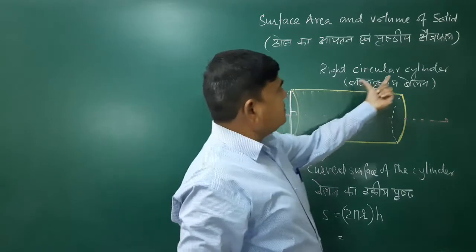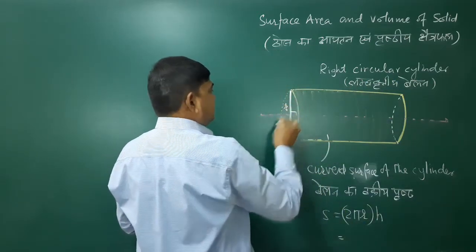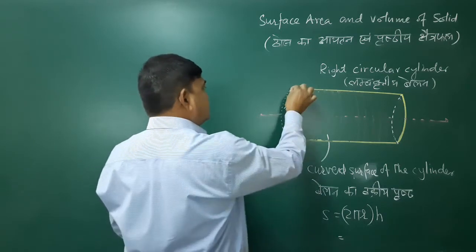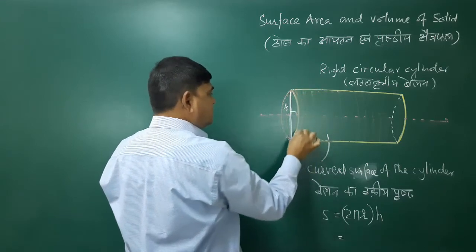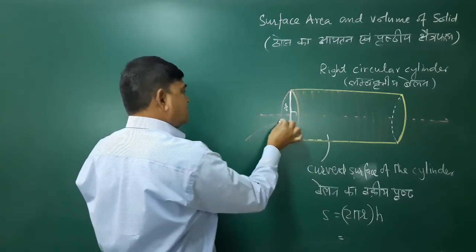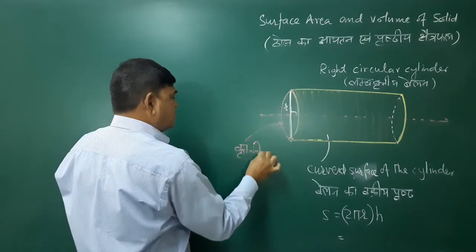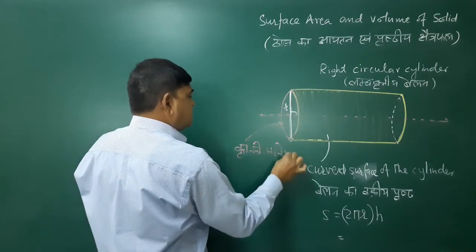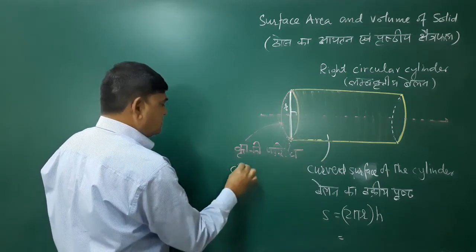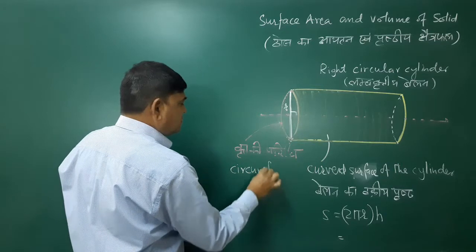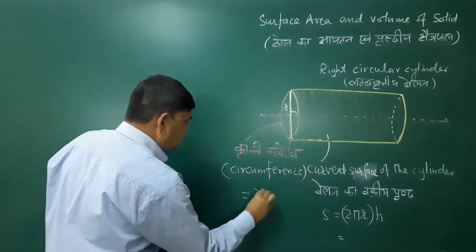So this is a right circular cylinder and this radius is r. This is the circumference, 2 pi r.